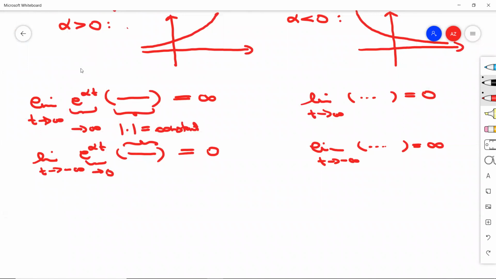So let's draw both possibilities for the phase portraits. So if first alpha is positive, let's say that for t0 we are on some circle on the x-axis. It doesn't matter.